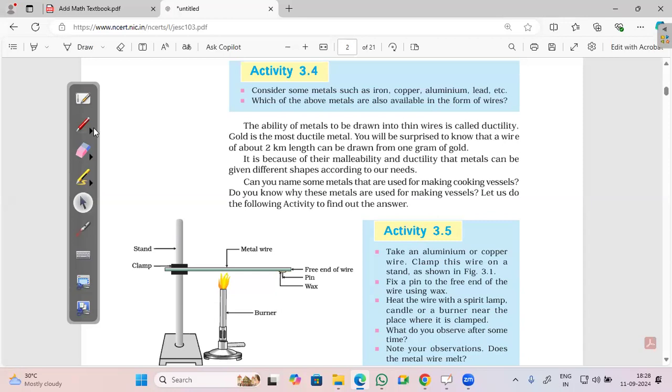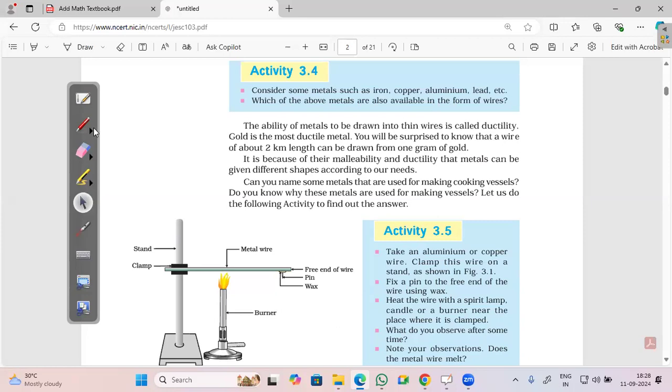Thermal conductivity. Yes. So metals are used to make cooking vessels because of their thermal conductivity. They can easily transfer the heat from the flame into the food. So they are good conductors.